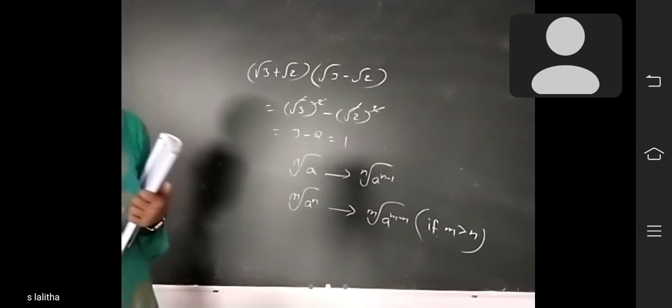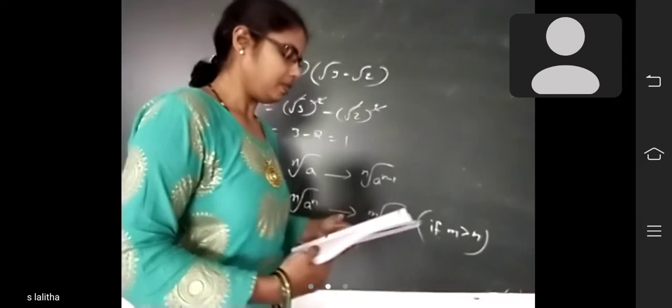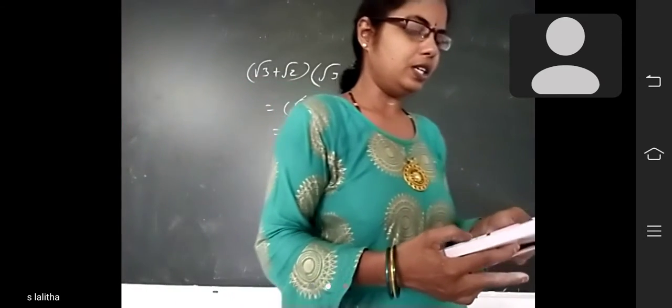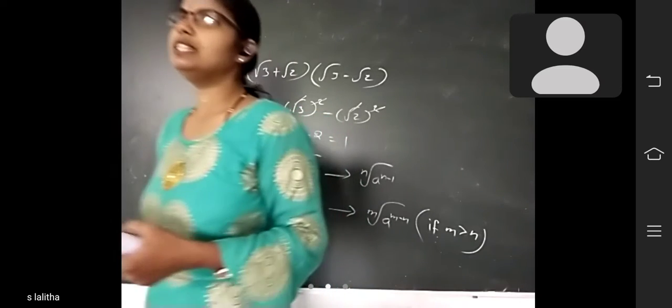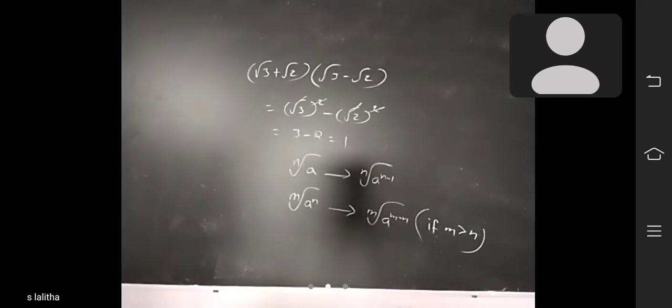One of the rationalizing factors of a power 1 by n is a power 1 minus 1 by n. Children, did you understand?